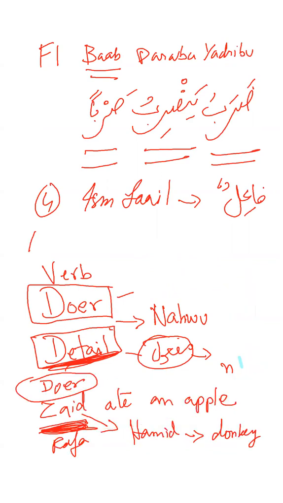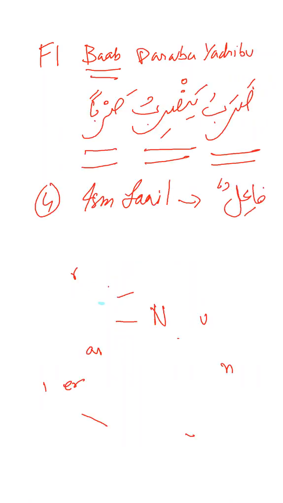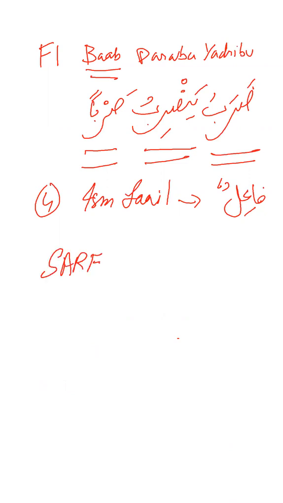So you see, I only said fa'il and maful. I didn't say isme fa'il, isme maful, right? So now we are doing Nahu with Ustad, because we are doing sentences. We aren't doing Sarf yet. In Sarf, we have nothing to do with sentences, but the formation of the word.